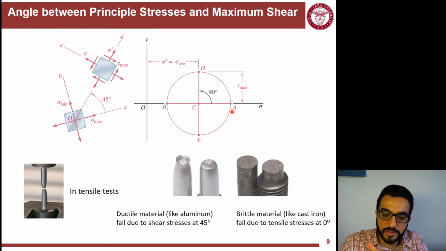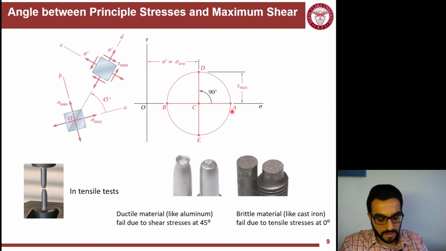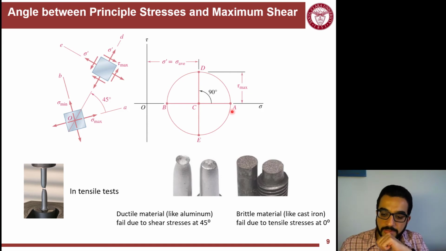So in tensile tests, when we applied tension at the ends of a rod or specimen, from the lab tests and experiments you did in the lab, you found that ductile material usually has that cone shape. And the key thing here is that ductile material starts the failure in shear.